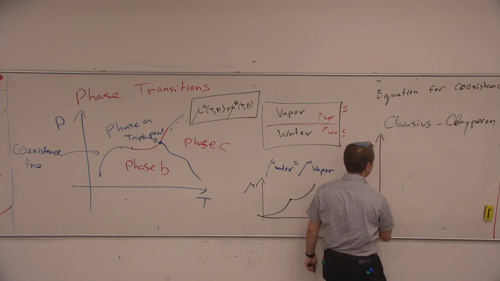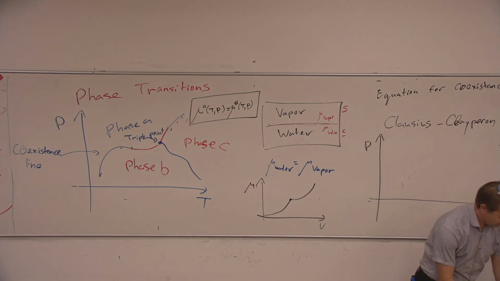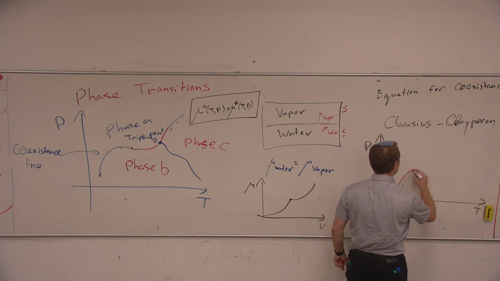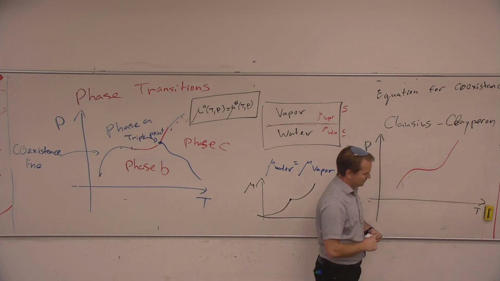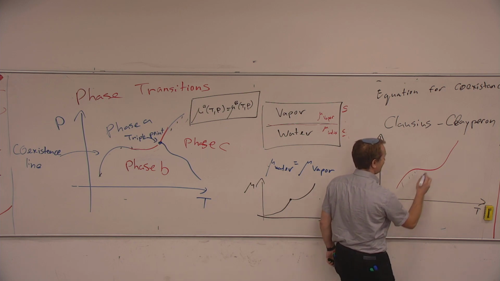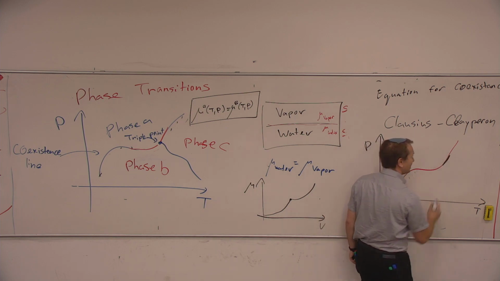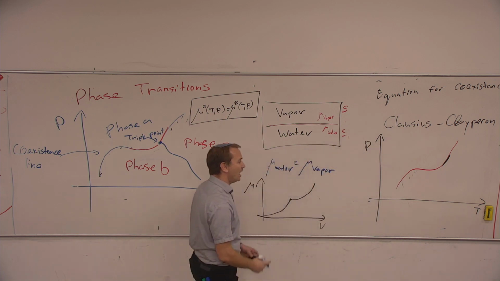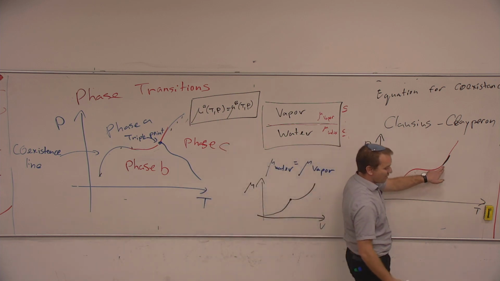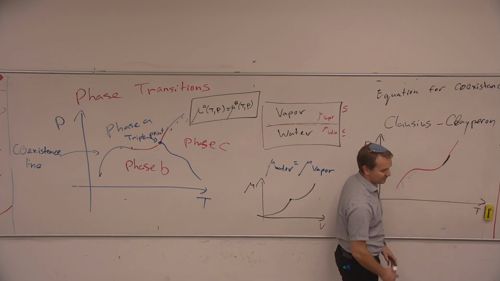This is P, this is T, and this is our equation. Let's look at a small shift. Assume this is a small shift. I'm going from one position to another position on this coexistence line.